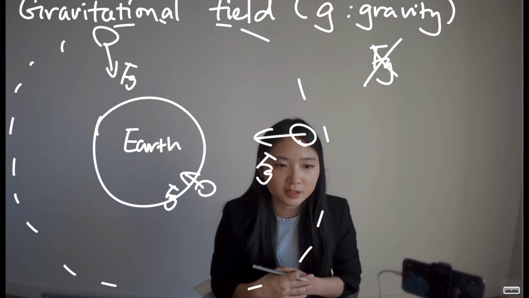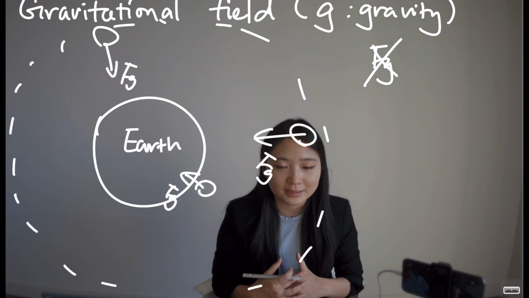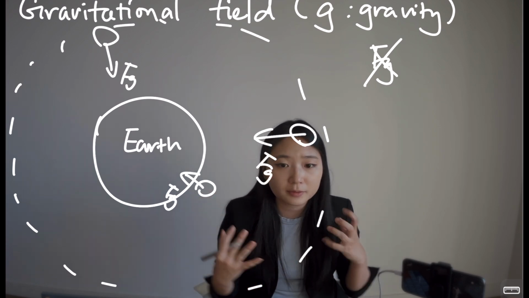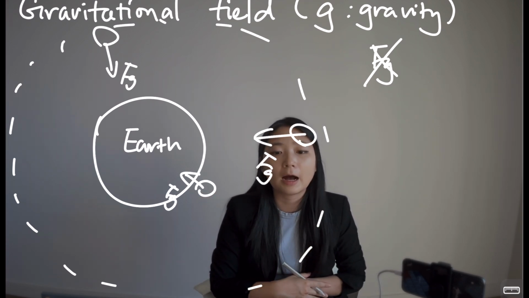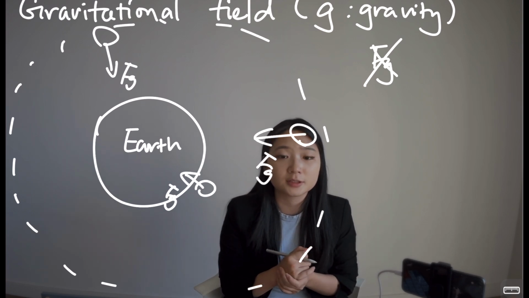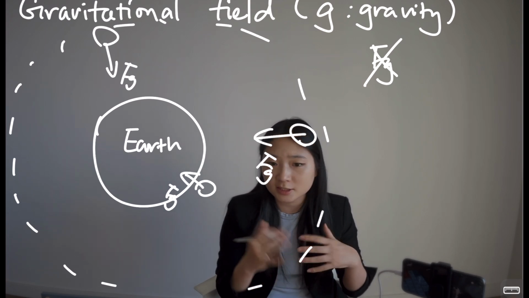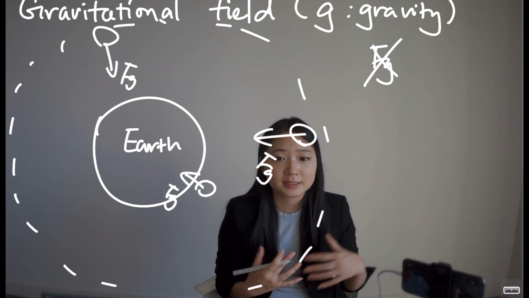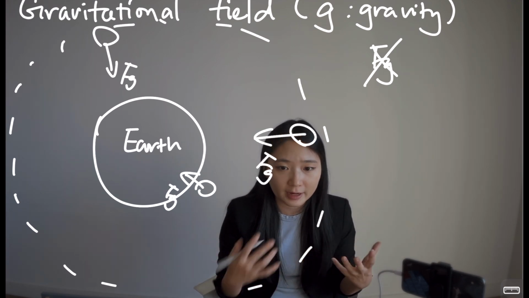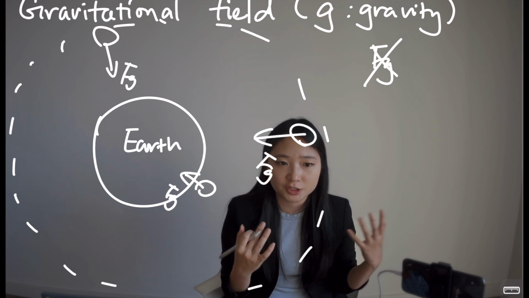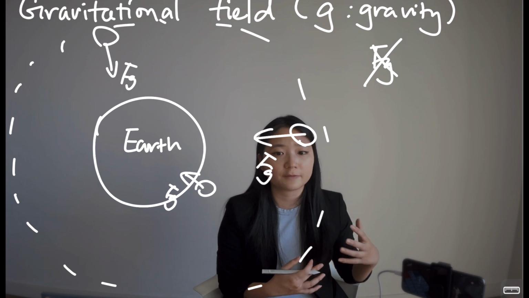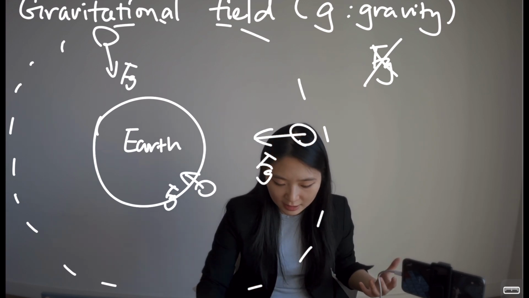Gravitational field literally means how strongly the Earth or other planets will pull on this object. We do not use the force to represent it because every single object has a different mass, and depending on the mass, the amount of force will vary. So when it comes to gravitational field, we use the gravitational acceleration to refer to how strong it is, aka we use g to represent it.